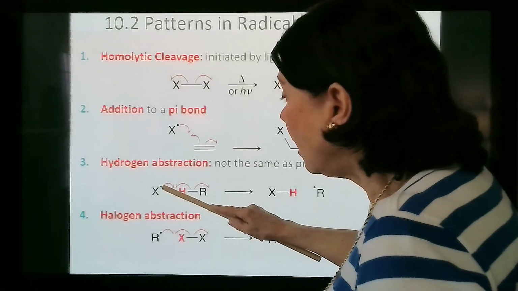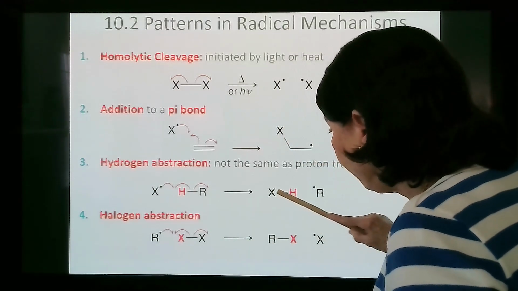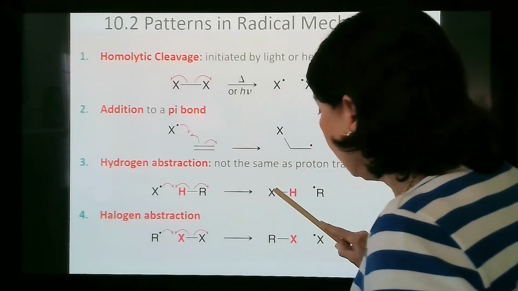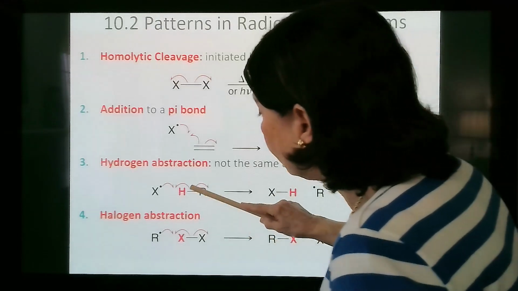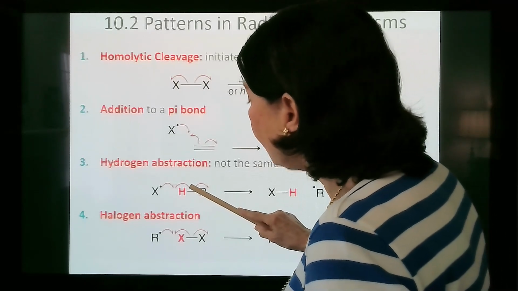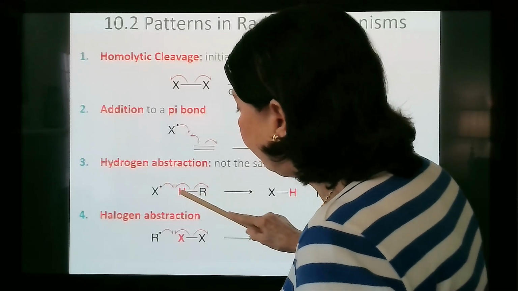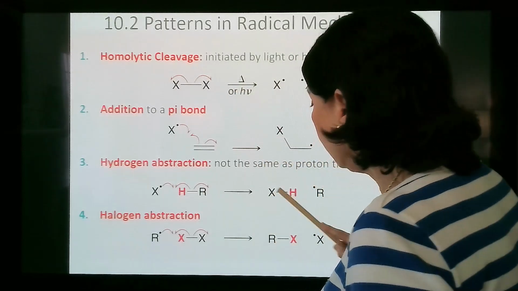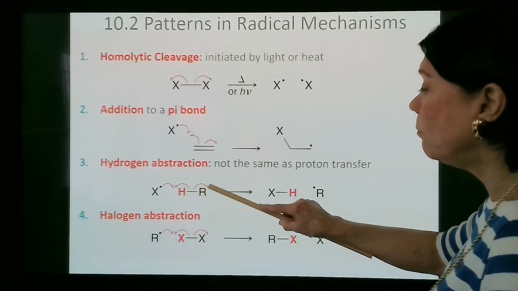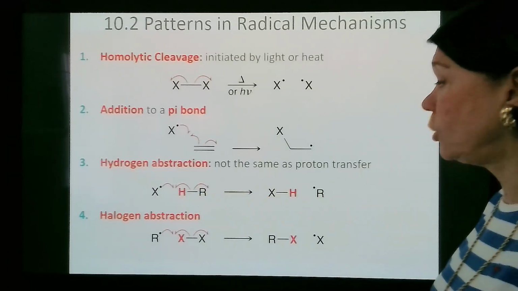So here, the unpaired electron on X is going to be used to form this bond between X and H, and the other electron in the X and H bond is going to come from this bond between H and R. So here you move one of the electrons out of the HR bond, and now you formed this 2-electron bond right here, and the other electron in this HR bond moves off with R. And so this is called a hydrogen abstraction.